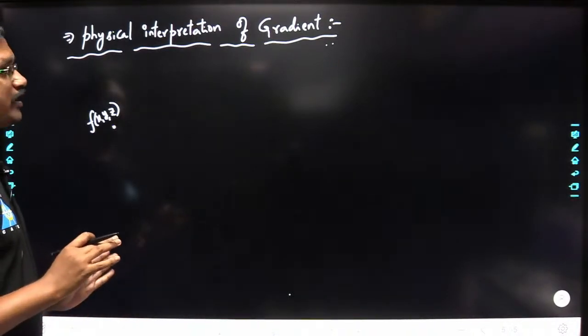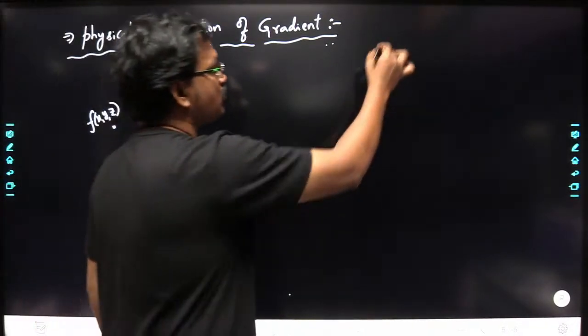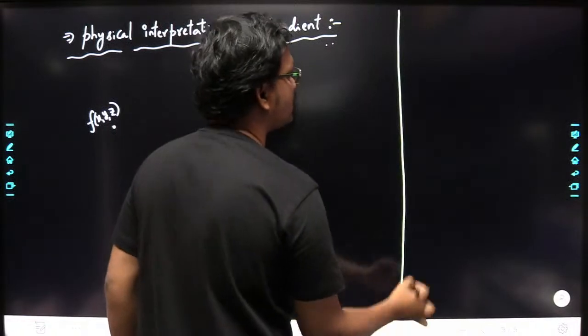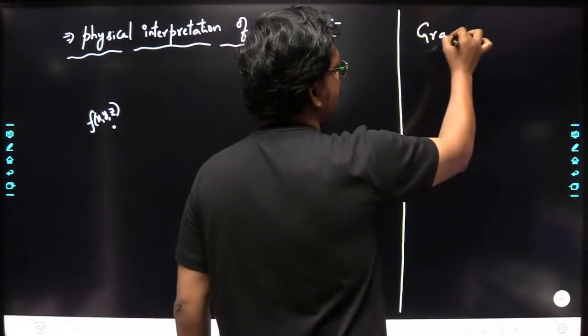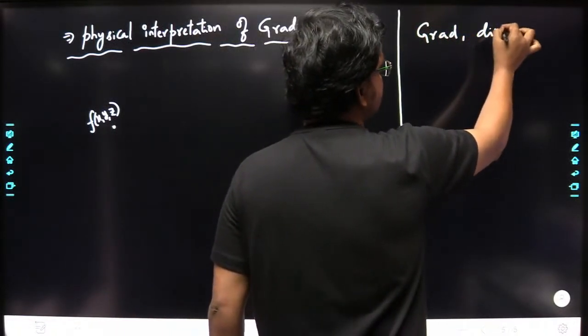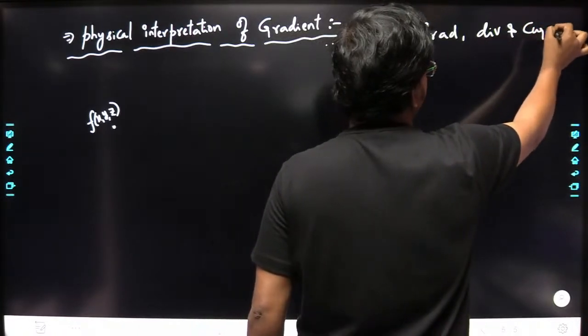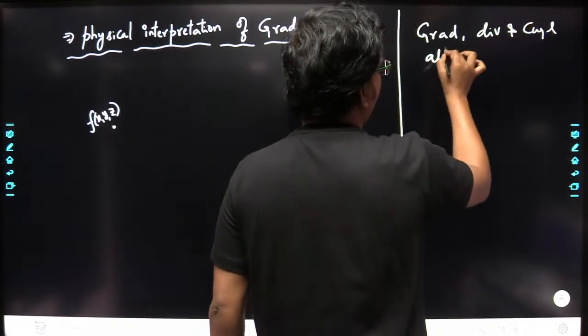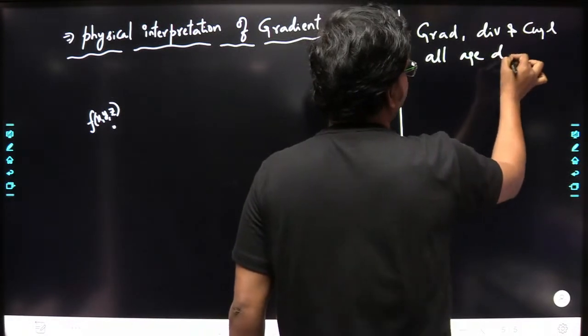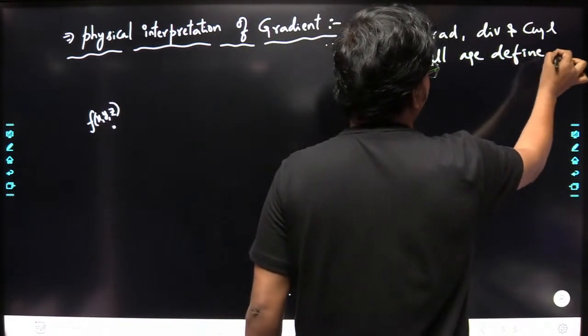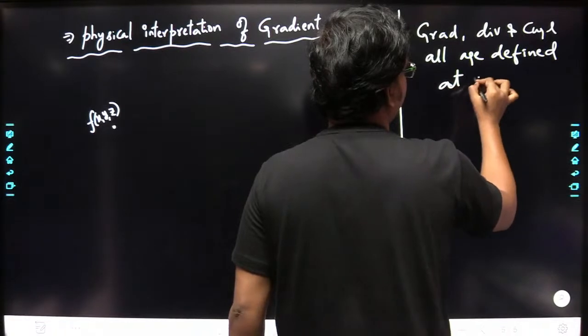Now one more point you have to remember, this is very, very important. Gradient, divergence and curl are all defined at a point.